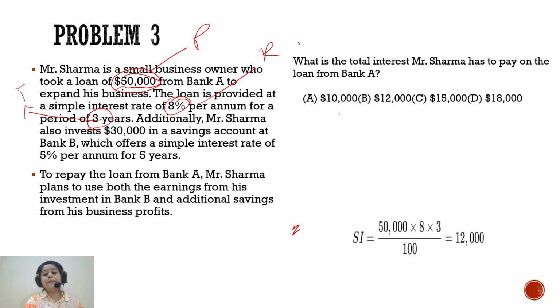P of bank A is 50,000, R of bank A is 8%, and T of bank A is 3 years.